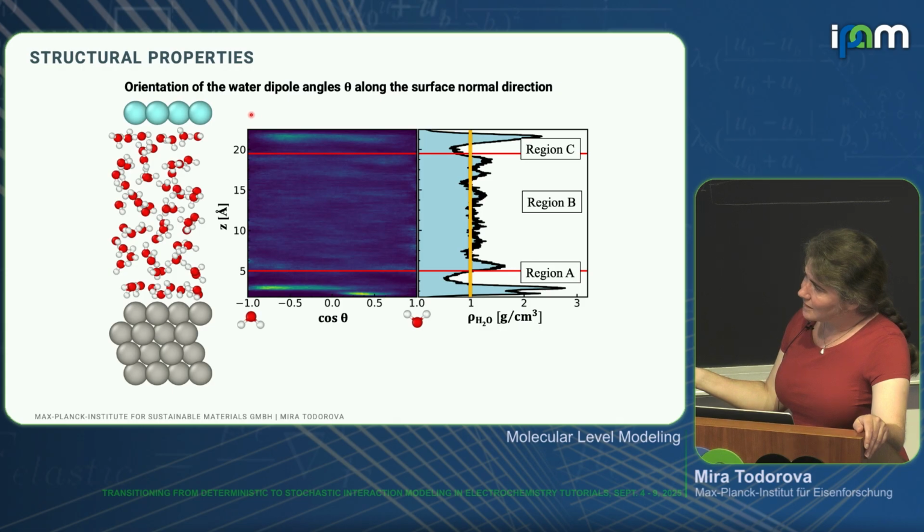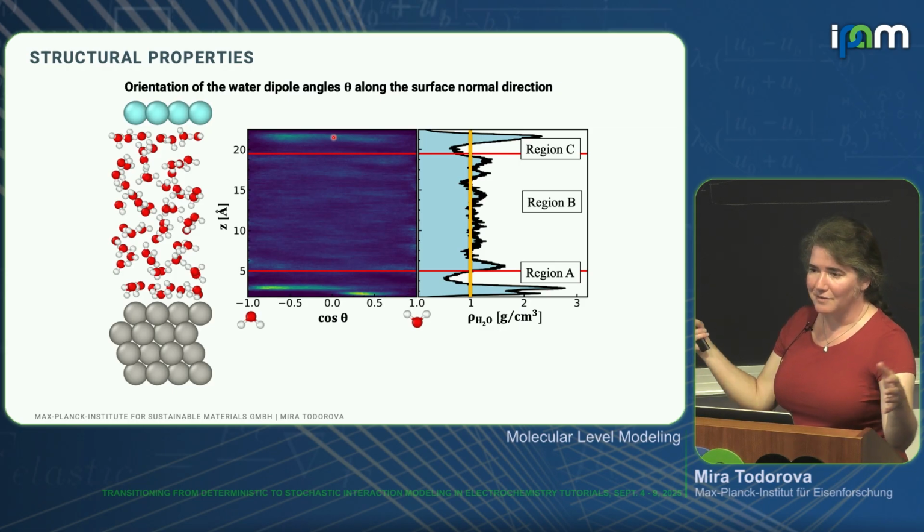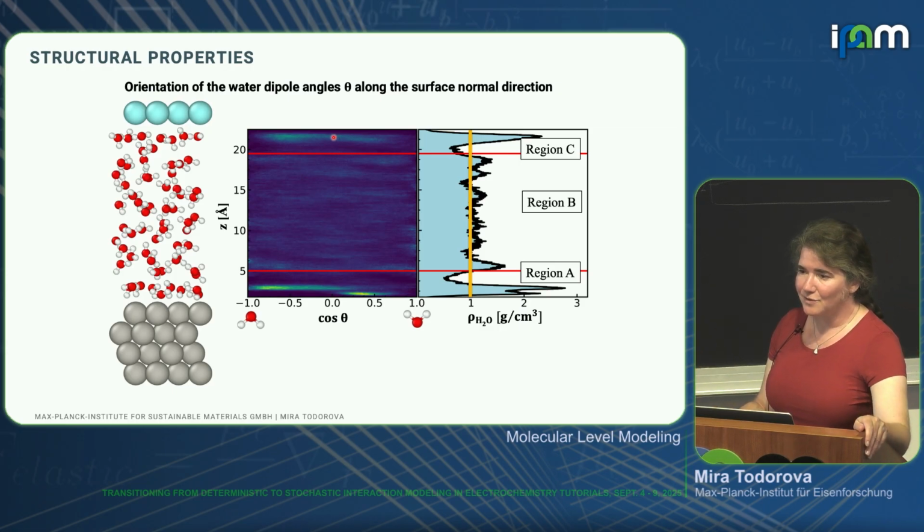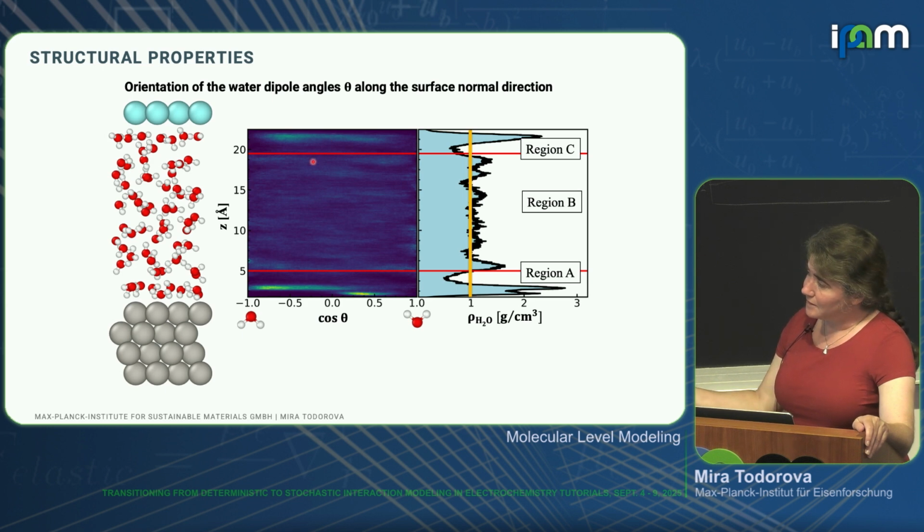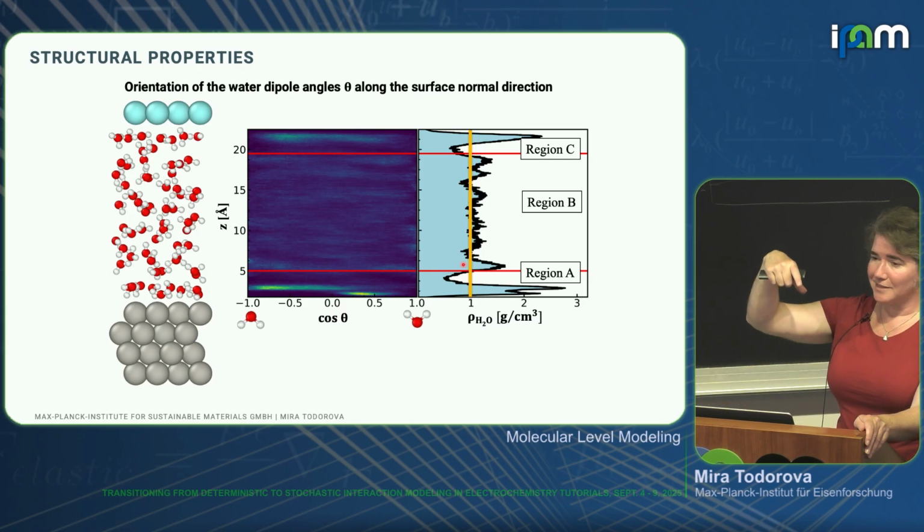You do see there is a little bit of structuring on the neon side. I think this has to do with the length of our trajectory, because this is not particularly long. But you do see that on the platinum side, we do have really two peaks that are related to water. One is the water up, and the other is the water down.